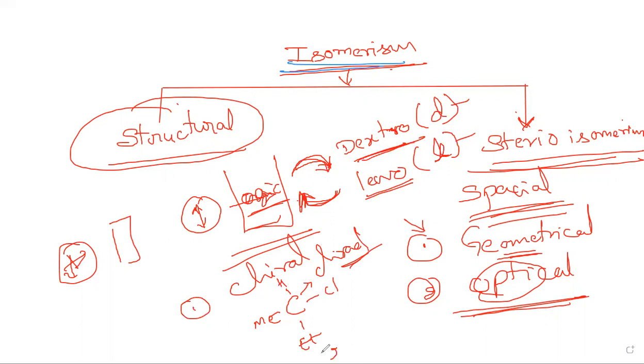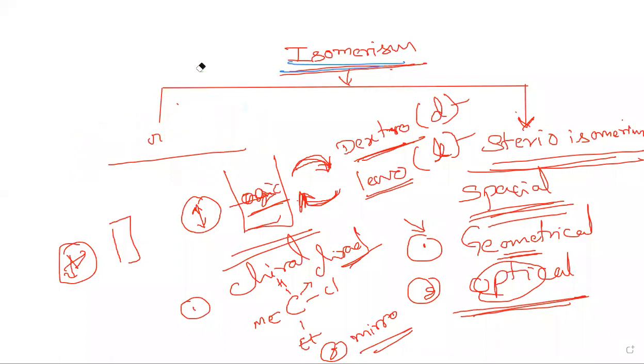Second, the compound should be non-superimposable on its mirror image. So the organic compound must be non-superimposable on its mirror image. What is the meaning of non-superimposable?